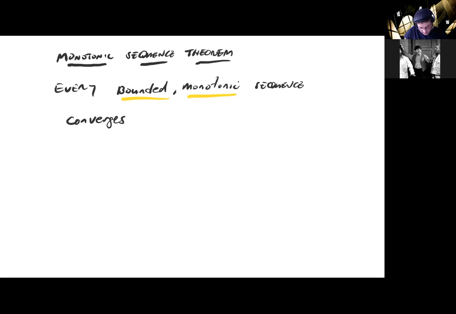Now, this might be called a qualitative result. It does not tell you what the sequence converges to. It just says it converges.